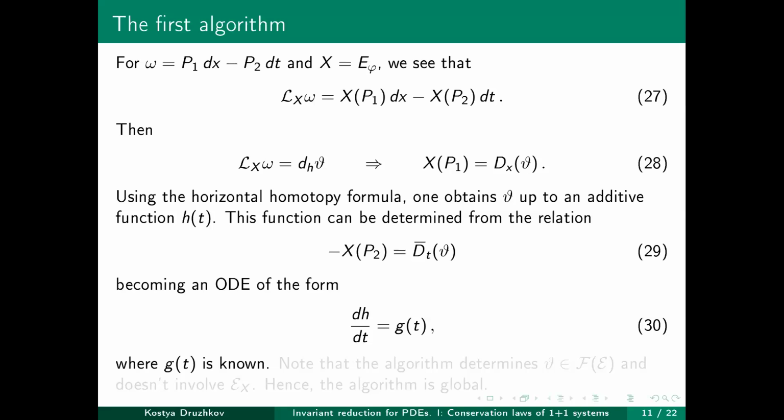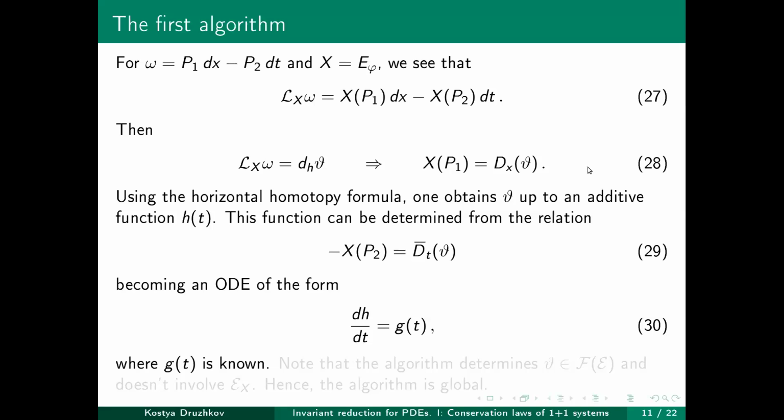So minus x of p2 equals the total derivative with respect to time of the desired function theta. This relation becomes an ODE where on the left-hand side we have a known function of the single variable t, and on the right-hand side we have a known function. It's not a problem to integrate this ODE and find the corresponding function.